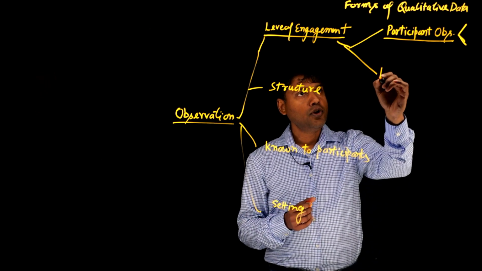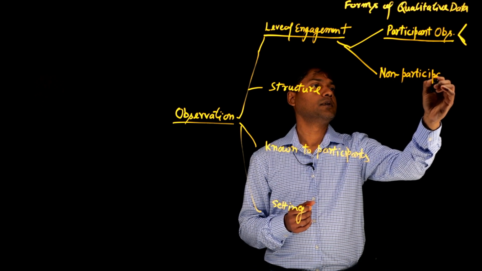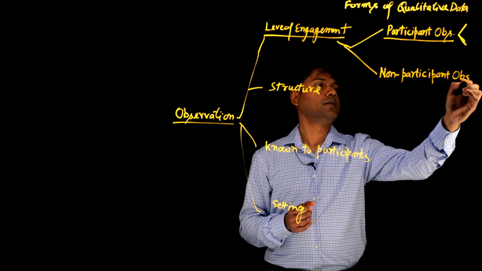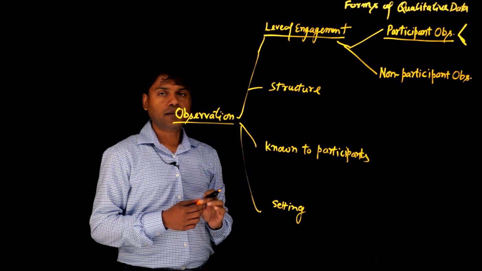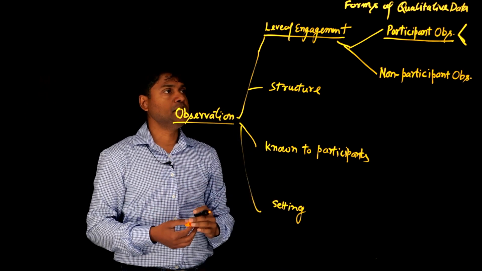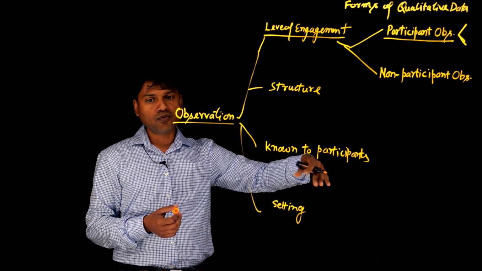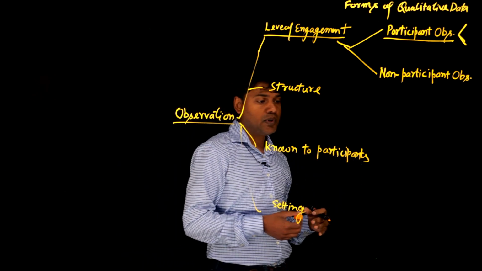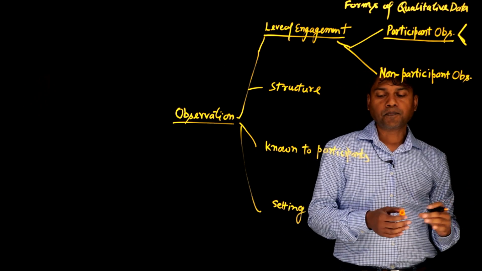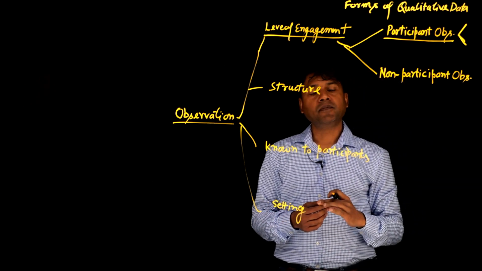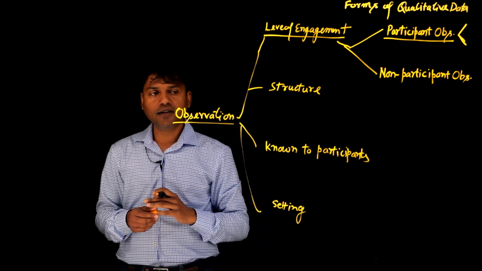You can also do non-participant observation. Non-participant observation is when, as a researcher, I'm observing my research participants, but I'm not participating in what they are doing, whether they are engaged in an activity or whatever they are doing. I am there, but I'm not actively participating.